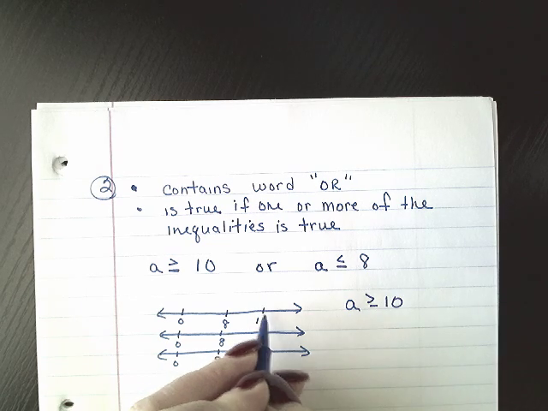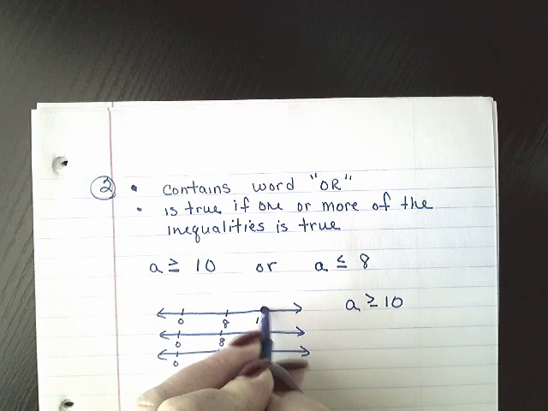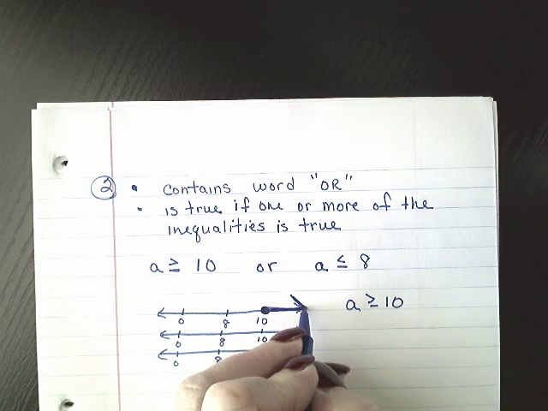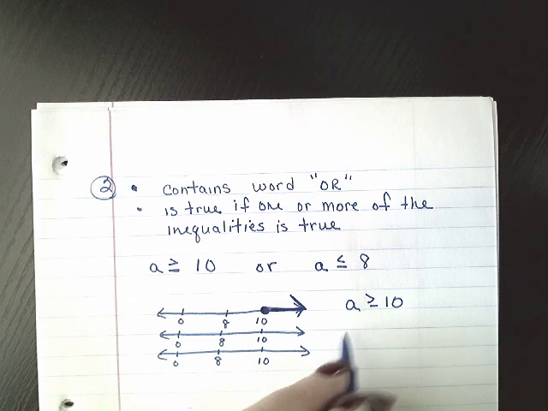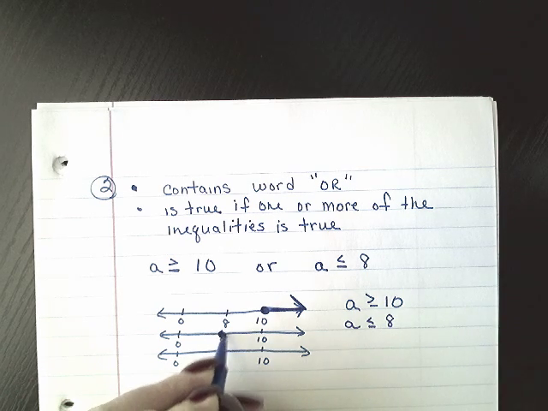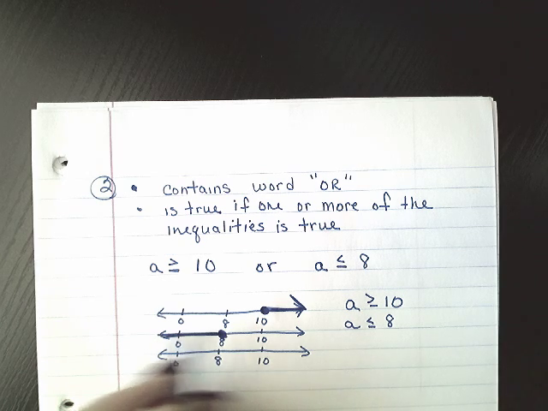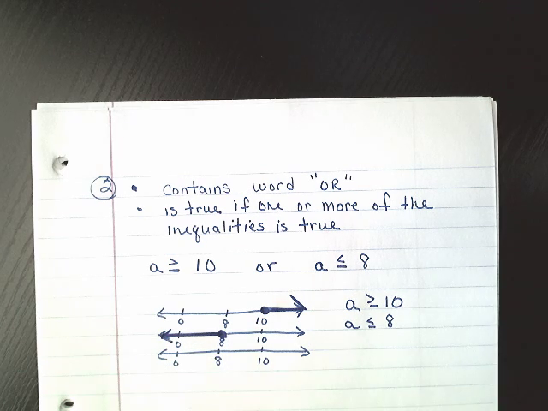So it would be closed in, and it would go to the right. A is less than or equal to 8, so that would be closed in and going to the left. Now there's no intersection here because we didn't use the word and, it's the word or. So both of those would satisfy.